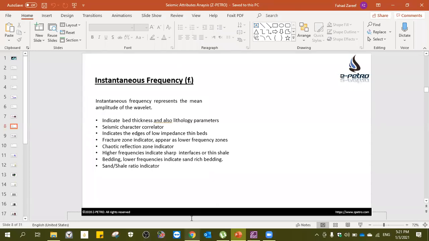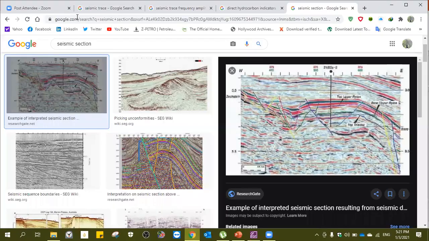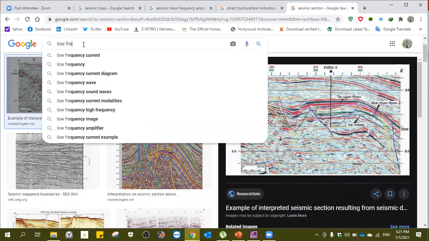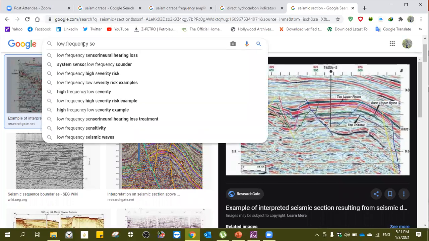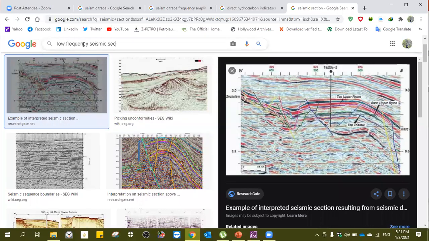If I Google this information, low frequency seismic section.